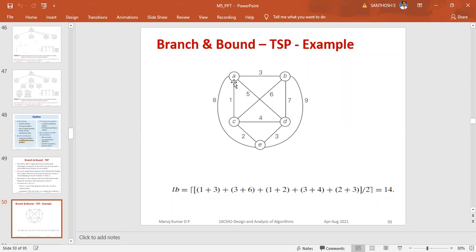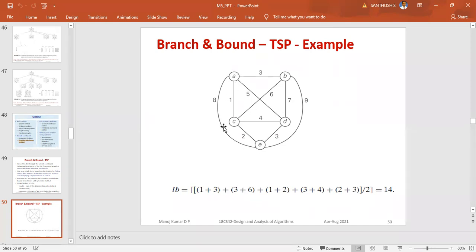From A, the distances are 1, 3, 5 and 8. So from A, there are 4 routes: to B, C, D and E.